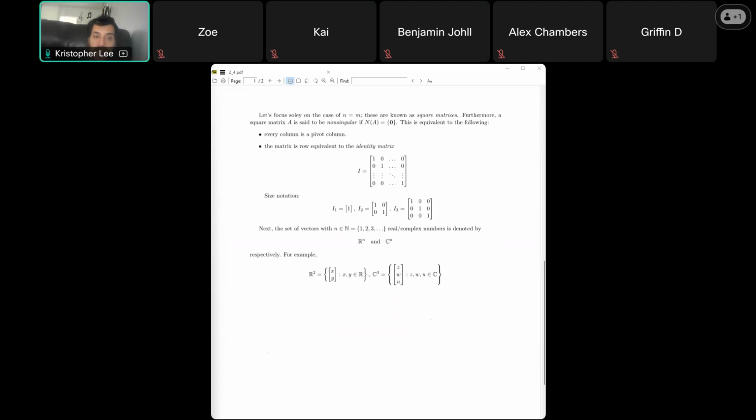Let's note some notational things before we move on. When I need to refer to elements from these sets, I'll write them in bold. So for example, a bold x, which we'll usually use for the reals, a bold z, which is usually reserved for complexes, but we can also include a bold y as well.